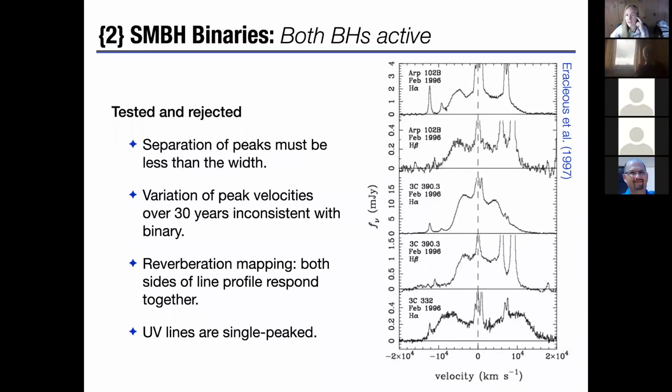And you can see they have these whopping double peaked line profiles. And so the idea here was that those double peaked line profiles came from the broadline region, and they each came from one of the black holes. And the signature that you would expect is that the narrow lines set the rest frame of the galaxy, and then the broad lines would move back and forth as the black holes orbit around each other. And so this has been pretty well tested and rejected for a number of reasons in these sources.